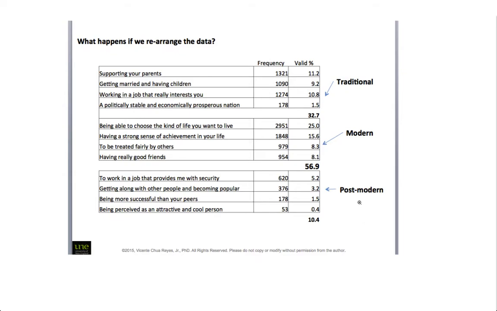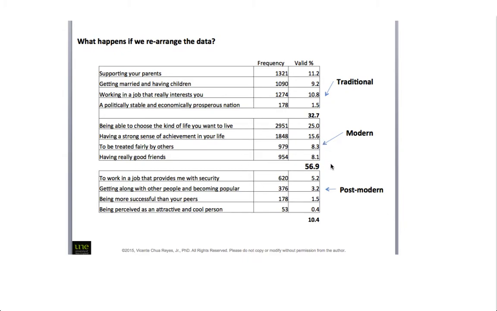Now, usually what happens is that when I do this survey to adults, when I ask them to think about young adolescents, this is where they think most young adolescents are, the postmodern. This really talks more about image. The idea of the image is important. How good looking people think I am, how cool people think I am, to have a boyfriend, girlfriend at that young age.